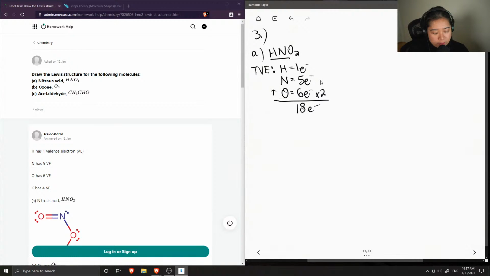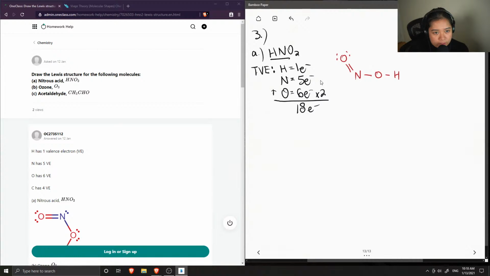So now let's draw what nitrous acid looks like. So this nitrogen will be bonded with the 2 oxygens, and then one of the oxygens will be bonded with the hydrogen that forms our alcohol group. And this oxygen will have a double bond.